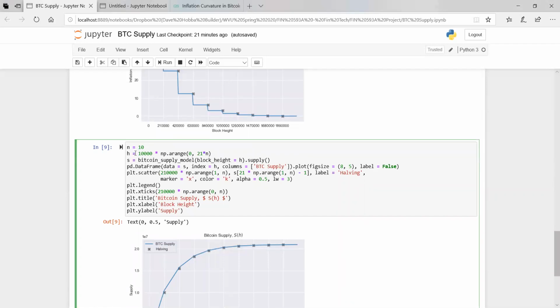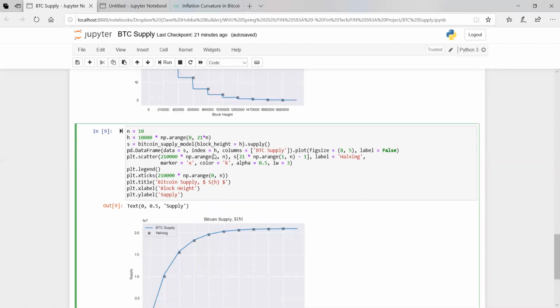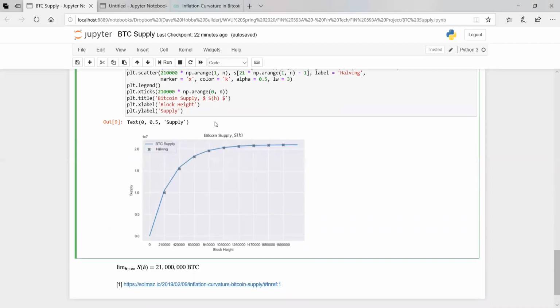Now I just created an array. Sorry, I got a cough. The height is an array that goes in increments of 10,000, from 0 to close to 21 million.